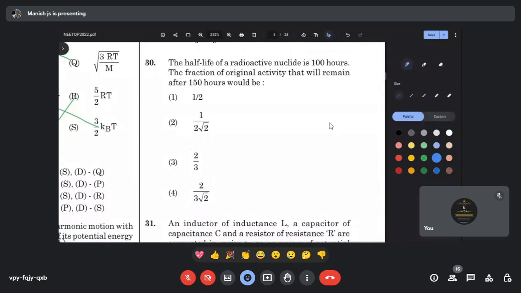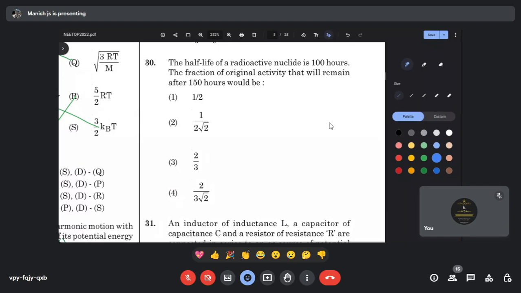The half-life of a radioactive nuclide is 100 hours. So the radioactive nuclide has a half-life of 100 hours. The fraction of original activity that will remain after 150 hours would be? So what would be the fraction as per the question? What relationship can we be using?